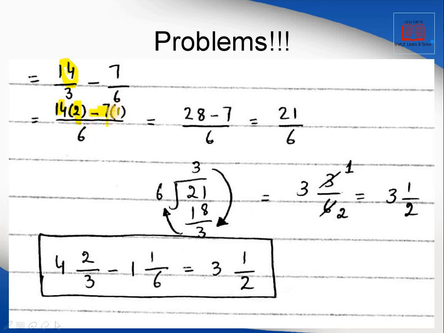And how many times do I multiply 6 to make it 6? If I multiply 6 by 1, it becomes 6. So write it here as 1. Solving this very simply, 14 into 2 is 28, minus 7 into 1 is 7, and 28 minus 7 equals 21 divided by 6.